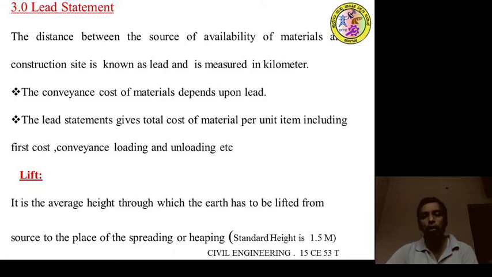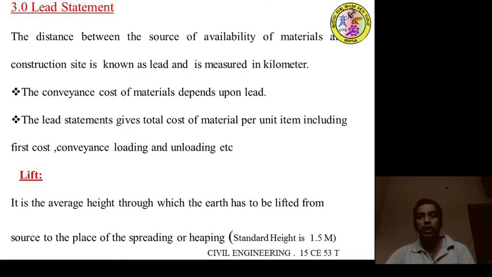For example, the coarse aggregate is available in a stone quarry. The distance from the stone quarry to the construction site is called the lead. The conveyance cost of material depends upon the lead. Lead means the horizontal distance between the 2 points.